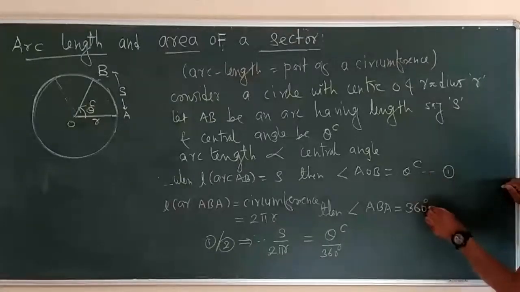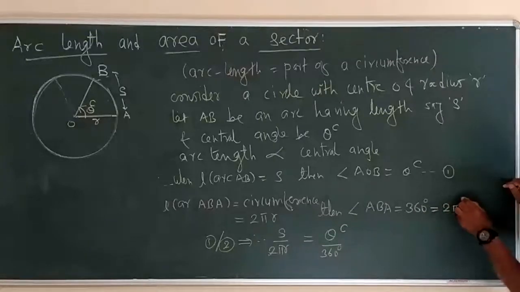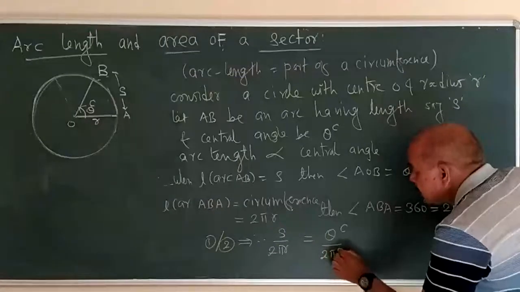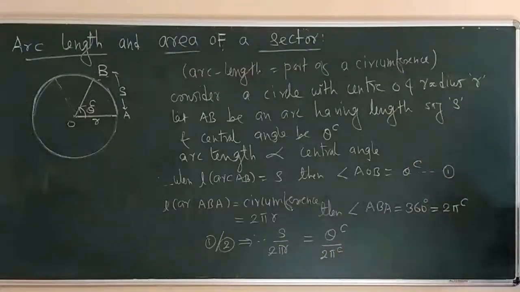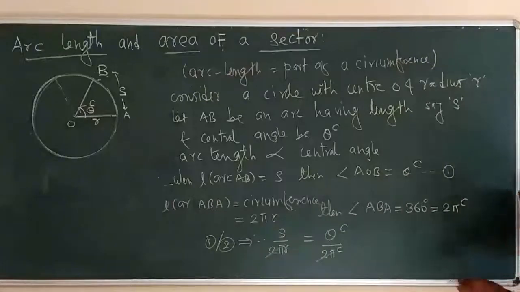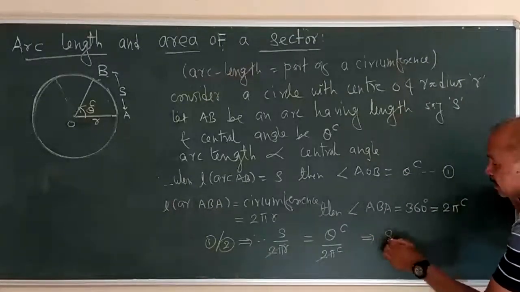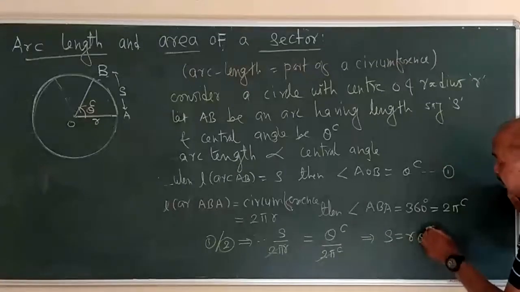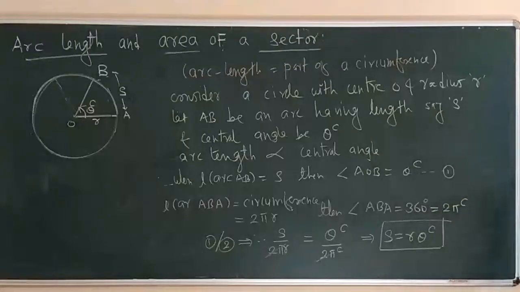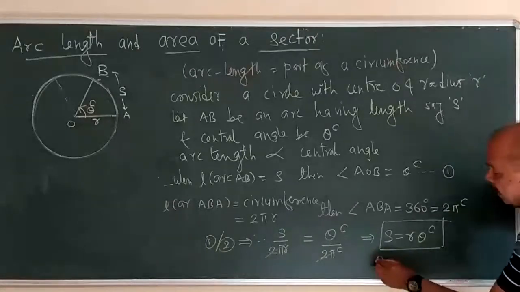But we are in radian. 360 degree means how many radian? 2 pi radian, and therefore here also we write 2 pi radian. When 2 pi cancels from both sides, what is the remaining part? It implies S equals r theta, and this is the formula for finding the length of an arc of a circle, where theta is in radian.